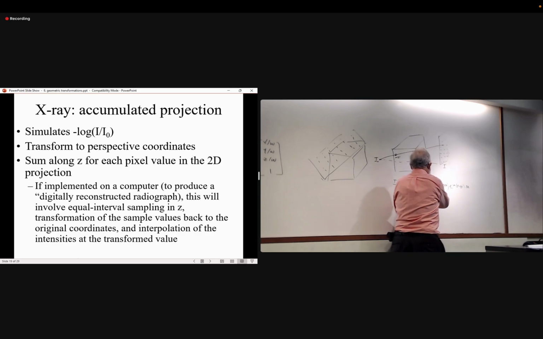And what that ends up being is I0 times the product of the two e to the minus mu's.